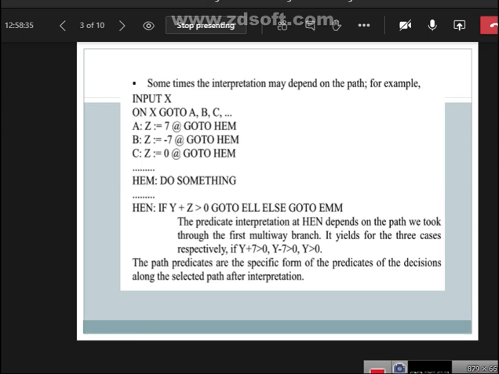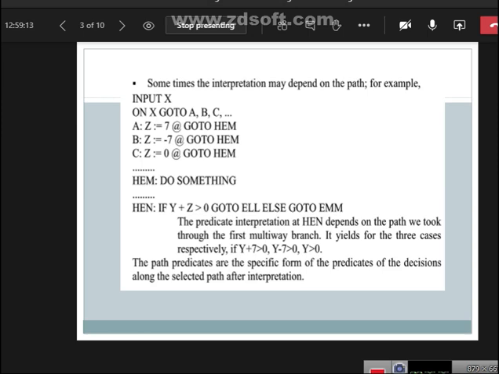What are the three cases there? y plus 7 greater than 0, y minus 7 greater than 0, and y greater than 0. These are the three conditions. Path predicates are the specific form of predicates of the decisions along the selected path after interpretation.